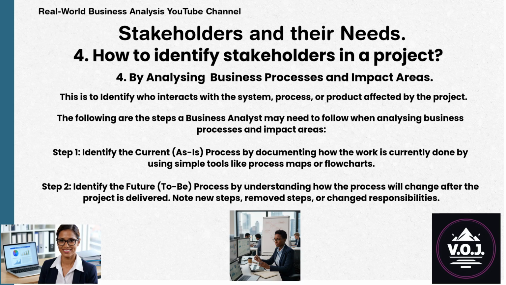Identify the current as-is process by documenting how the work is currently done by using simple tools like process maps or flowcharts. Step 2. Identify the future to-be process by understanding how the process will change after the project is delivered. Note new steps, removed steps, or changed responsibilities.